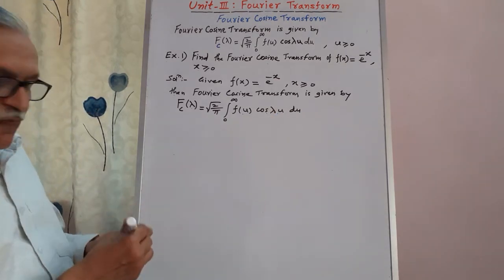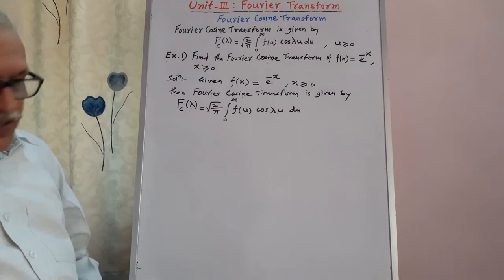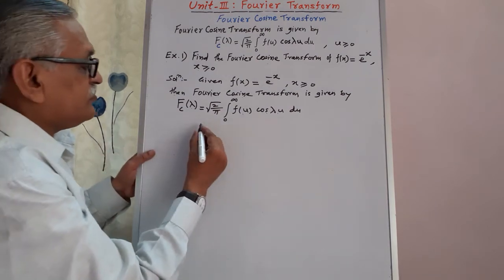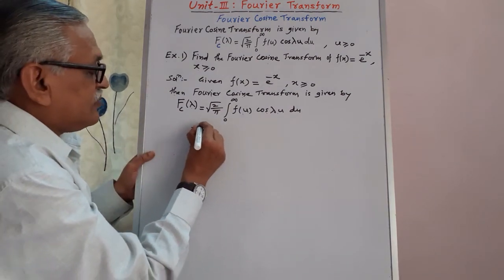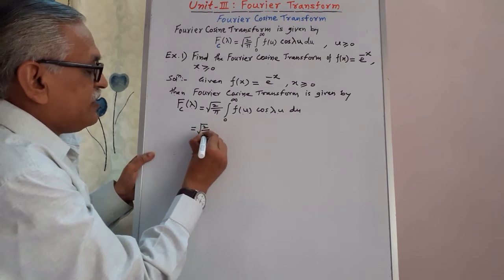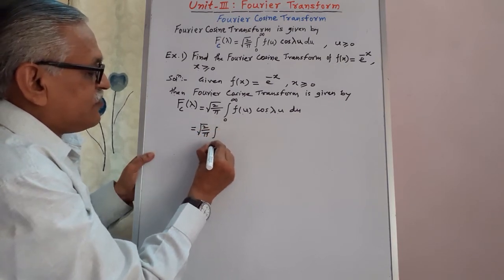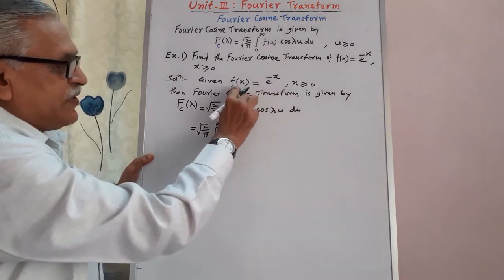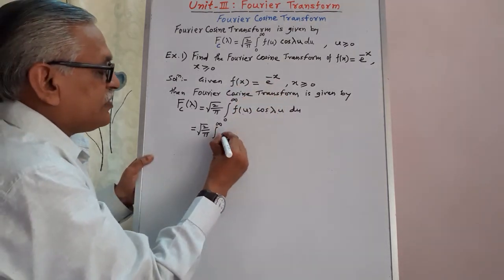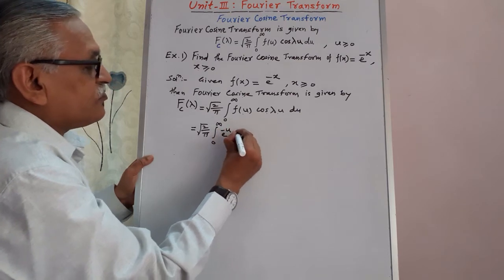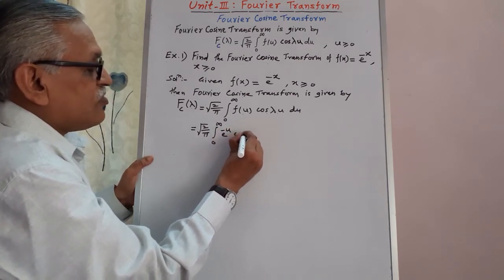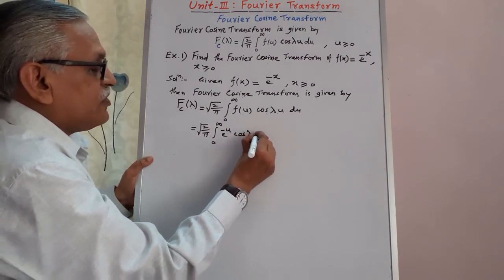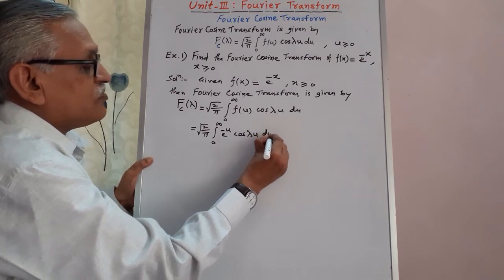And therefore, performing the calculation, it is equal to root 2 by pi integral from 0 to infinity f of u, replacing x by u here, it becomes e raised to minus u cos of lambda u du.